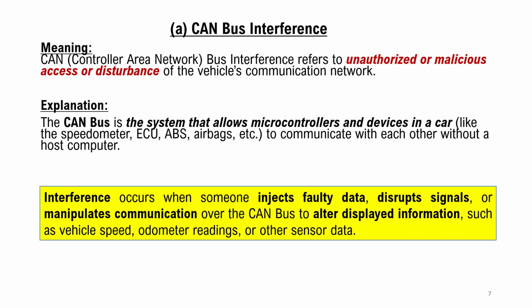Interference occurs when someone from outside injects faulty data, disrupts signals, or manipulates communication over the CAN bus to alter displayed information such as vehicle speed, odometer readings, or other sensor data.